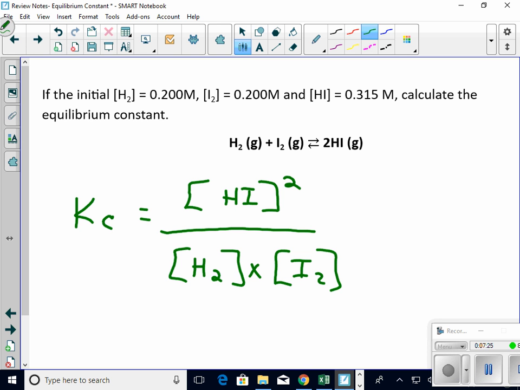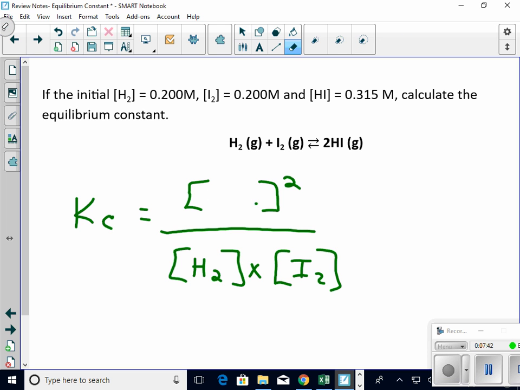Both of those have a 1 as a coefficient in my balanced chemical equation. So once again, I've set up my expression. All I need to do now is put my values into that expression.